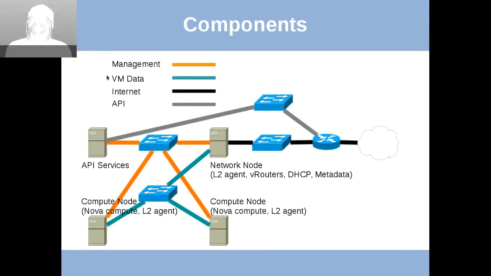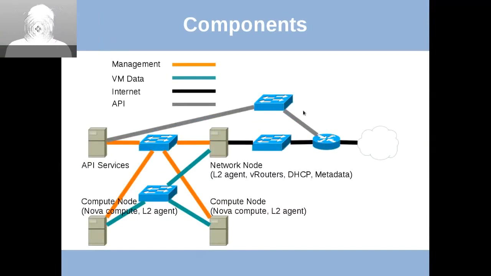There's the management network, the VM network, the internet, and the API network. This would be the ideal case, right? If you look at the upstream documentation on OpenStack.org, they have something very similar, where you separate out into 4 different networks. Again, this would be the ideal state.